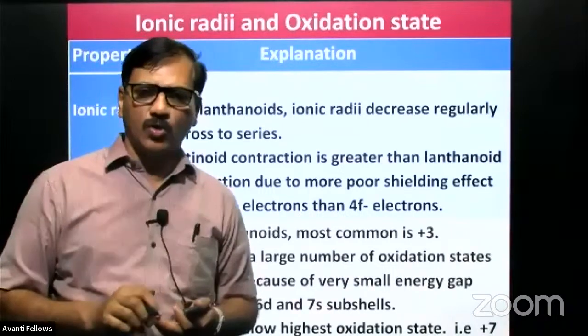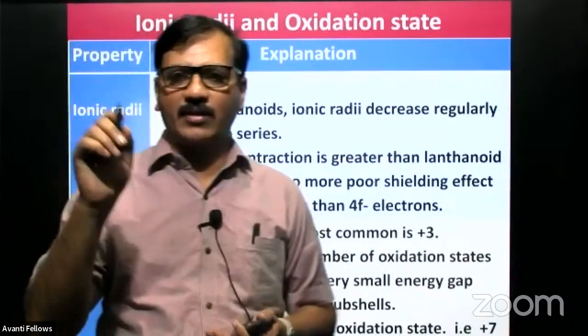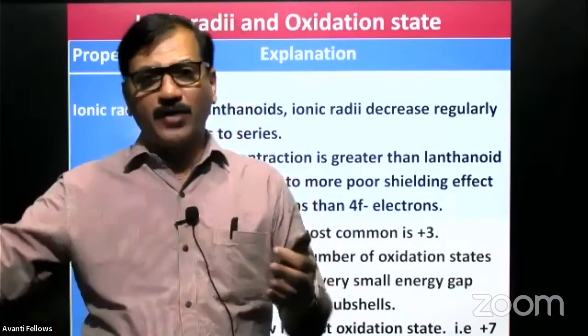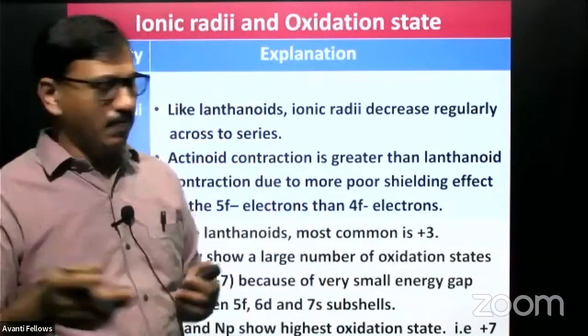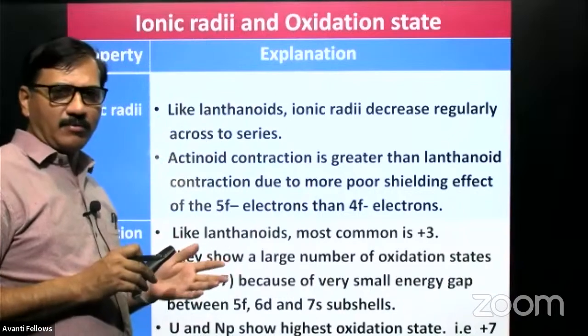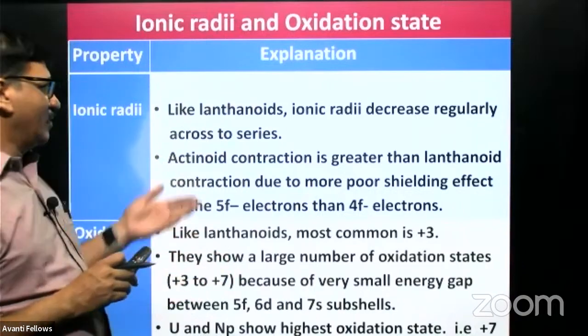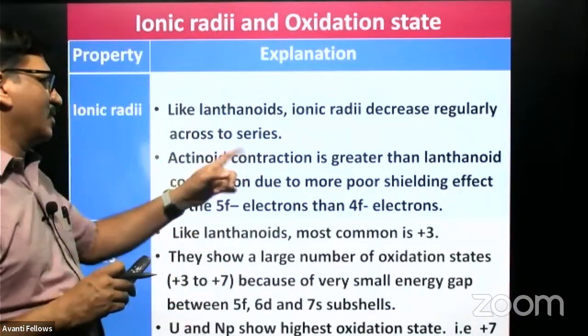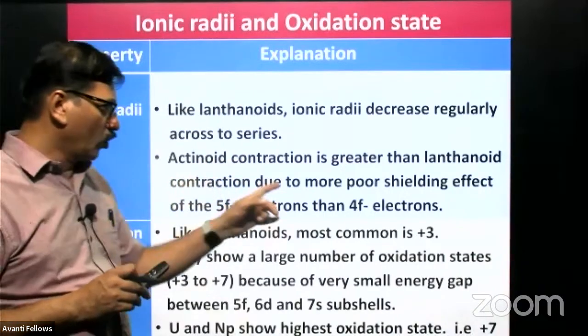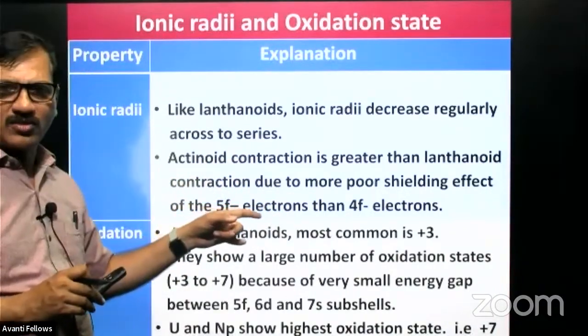Lanthanoids show poor shielding because of the 4f electrons, and 5f is more diffused, so there will be more contraction. Actinoid contraction is greater than lanthanoid contraction due to the poor shielding effect of 5f electrons compared to 4f electrons.